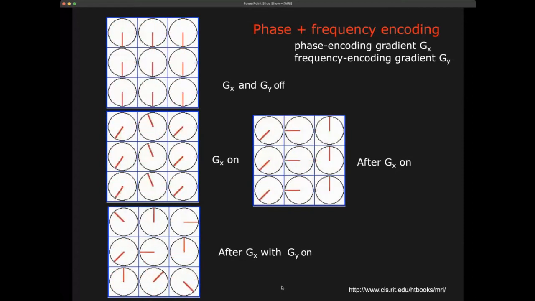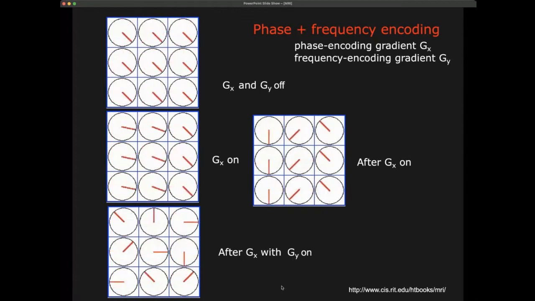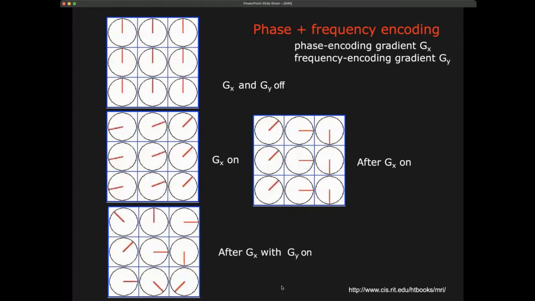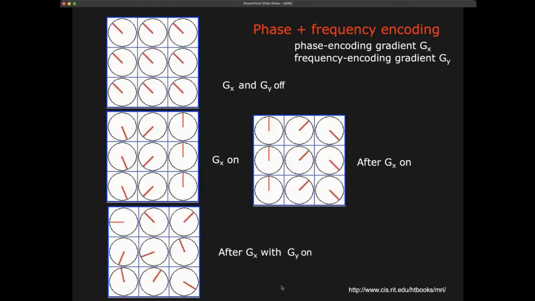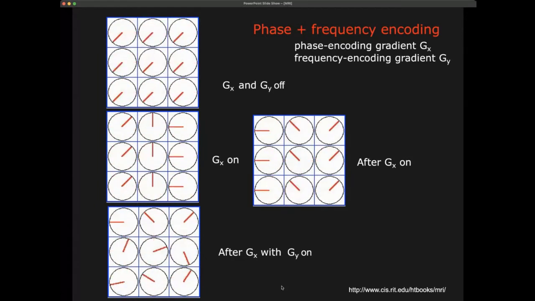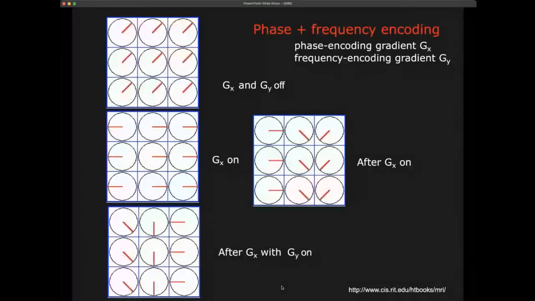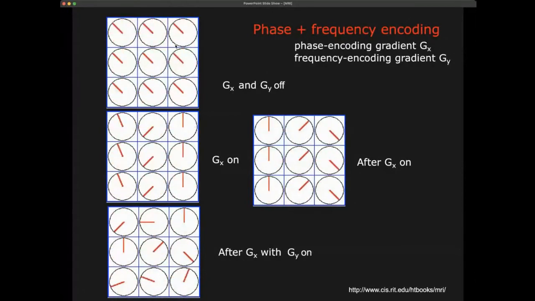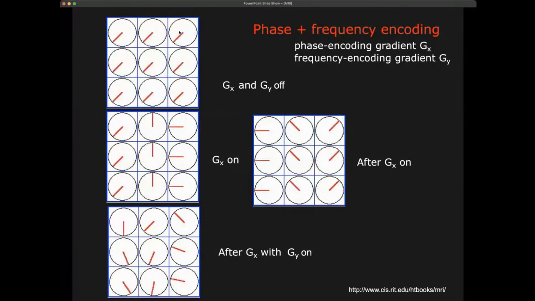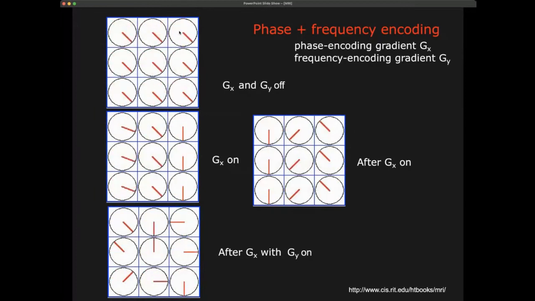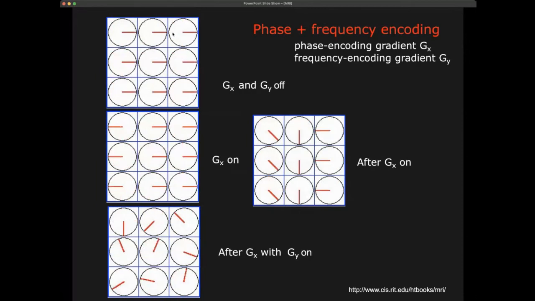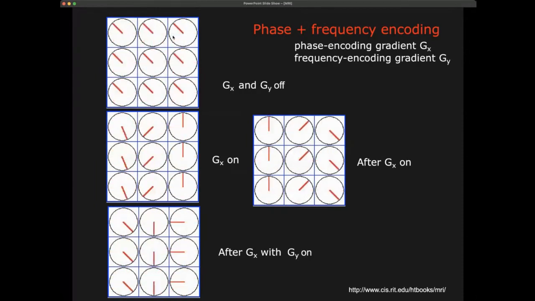So all these little magnets are now in the XY plane and they're turning around there. What I do now is in the X direction, while they're rotating, I switch on a gradient in the X direction. That means that now, depending on their position, and that's what you see, so this is after the flipping, in the XY plane, they are rotating at a certain frequency, determined by, at that moment, the local or the big magnetic field that they're in.